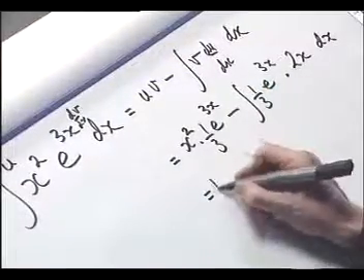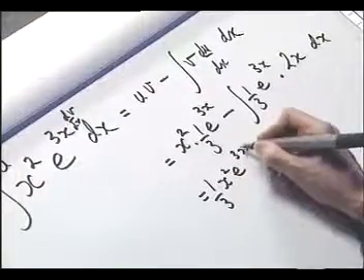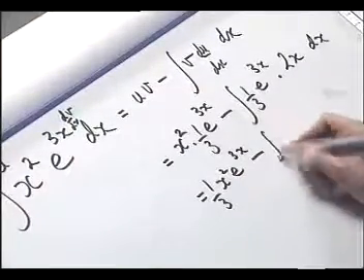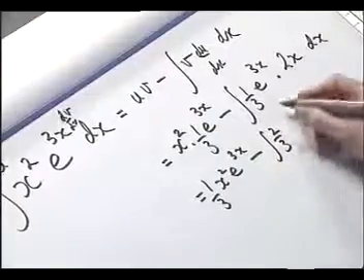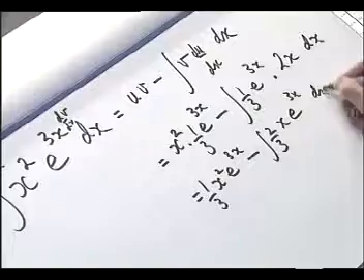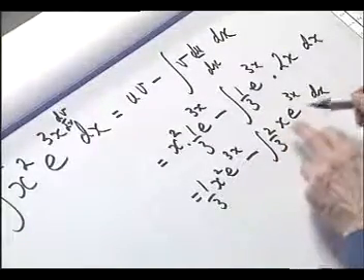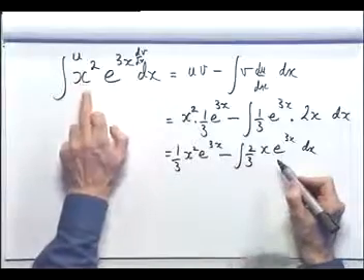Tidy this bit at the front up: 1/3 x squared e to the 3x minus the integral of 2/3 x e to the 3x dx. And we can see that this integral is going in the right direction. This is simpler than the one we started off with.